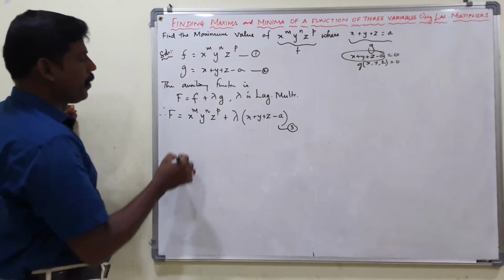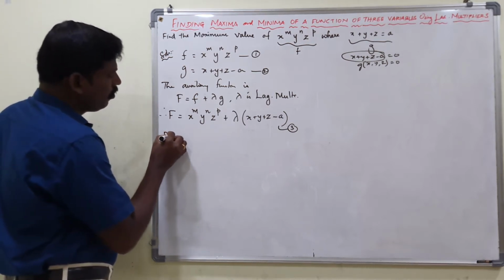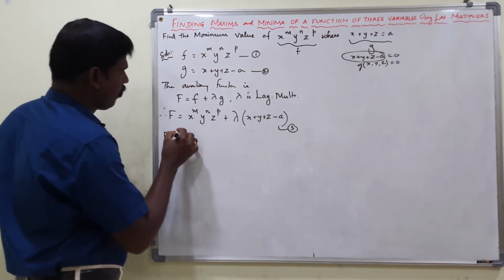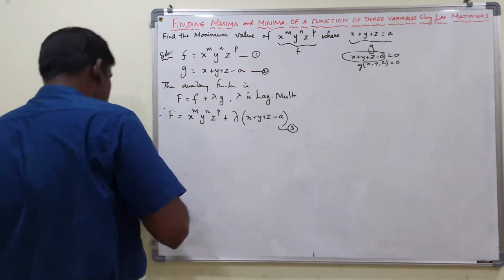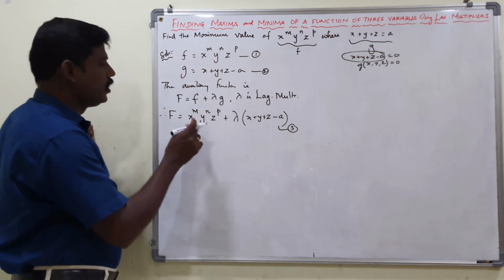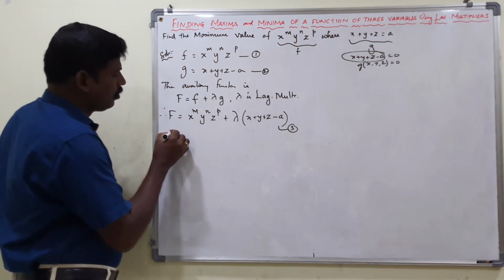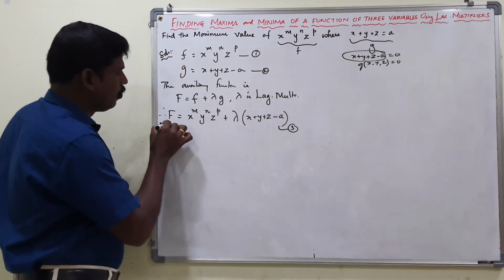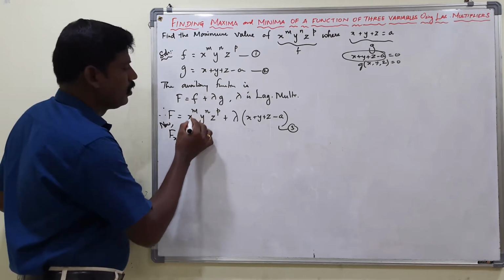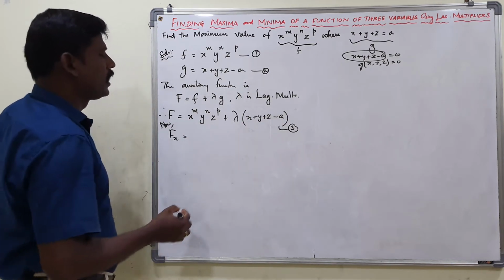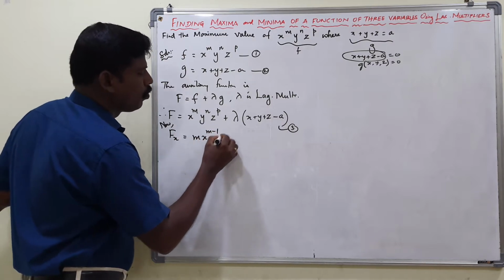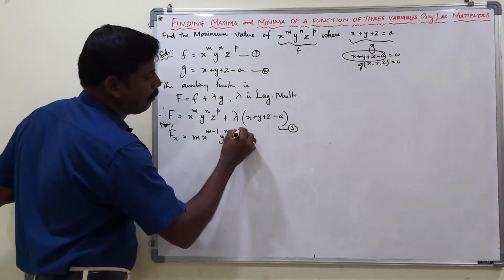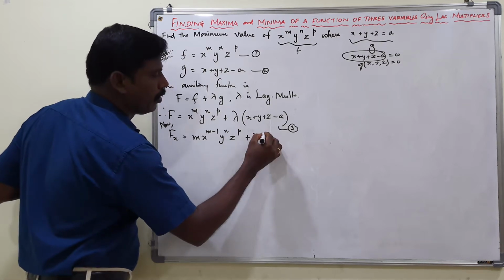So for extremum, we are going to find the partial derivative of F with respect to x, y, z. Now Fx equals derivative with respect to x partially: m into x power m minus 1 y power n z power p plus lambda into 1.